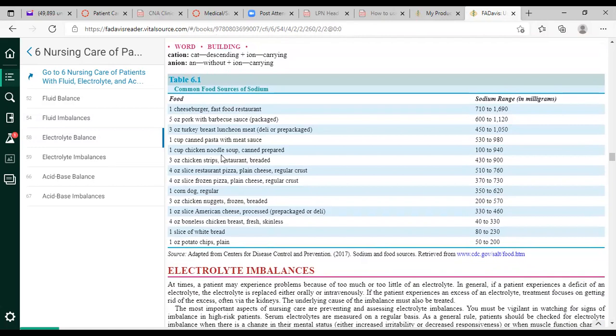You have to learn what foods are high in fat, what foods are high in calories, and what foods supply high amounts of protein, sodium, potassium, and calcium, because you will deal with multiple patients. If you're dealing with a patient with bone issues, you have to know how much calcium this patient should be taking, or what foods are high in calcium that this patient can consume.